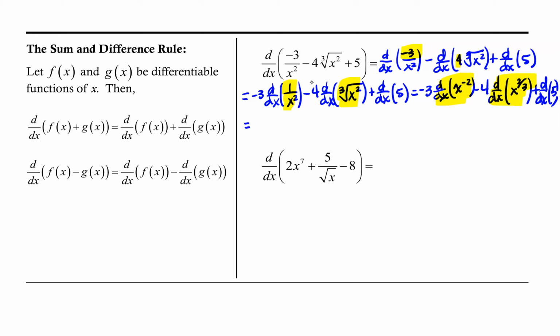So we're going to end up with negative 3 times negative 2 times x to the negative 2 minus 1 power. That's using the power rule on x to the negative 2 power. Minus 4 times 2/3 x to the 2/3 minus 1 power plus the derivative of 5 is 0.